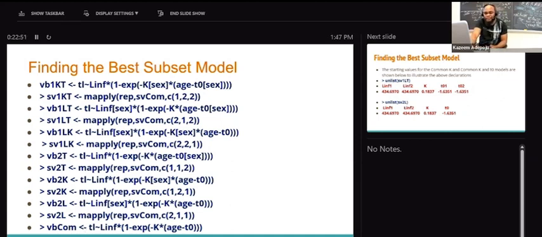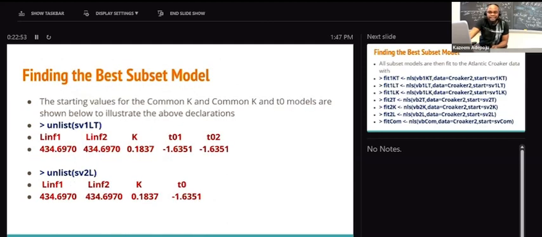Now, when I have the code, how do I start? I'm going to start from the first one, when they have common K and T0. When you see 1LT, what is missing?